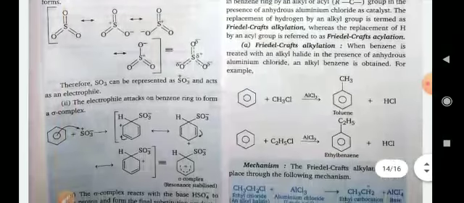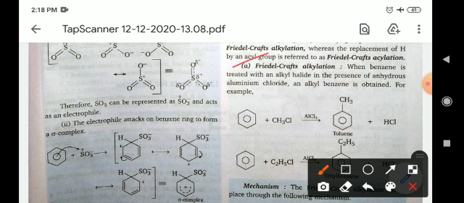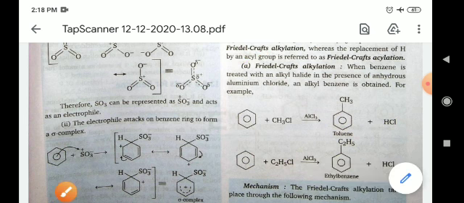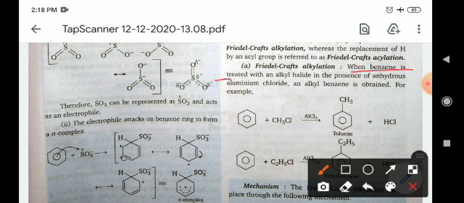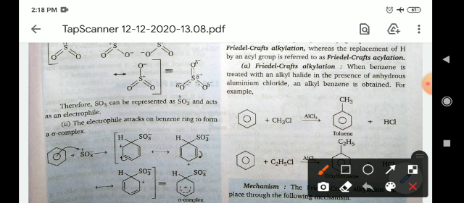Now come to the Friedel-Crafts reaction. Friedel-Crafts reactions are of two types. One is alkylation and the second is acylation. So when benzene is treated with an alkyl halide in presence of anhydrous aluminum chloride, then alkylbenzene is obtained. For example, when benzene reacts with CH3Cl, HCl will be removed and CH3 will go to the ring and form toluene.